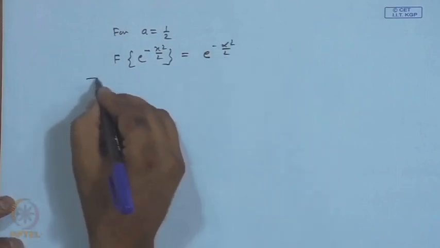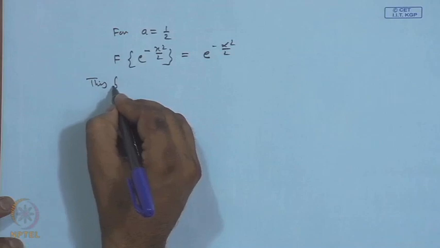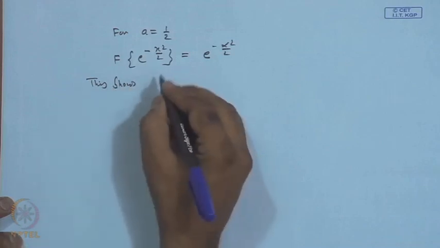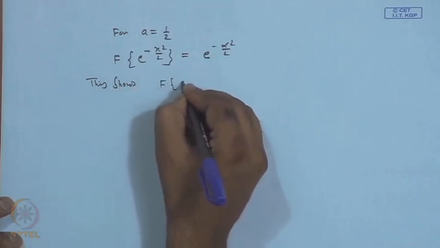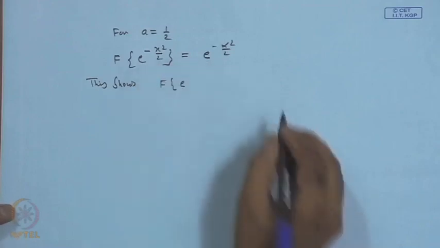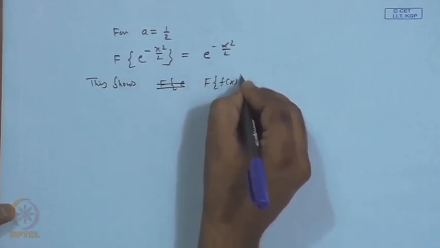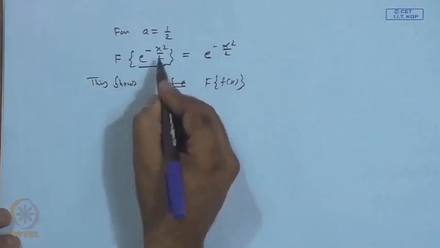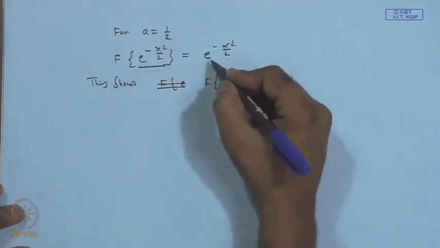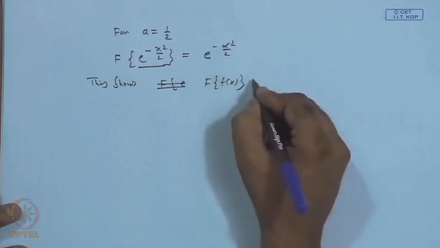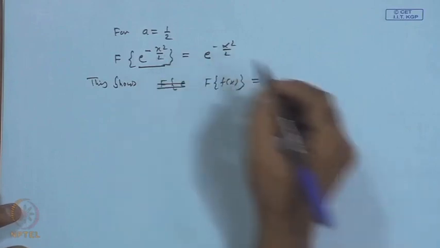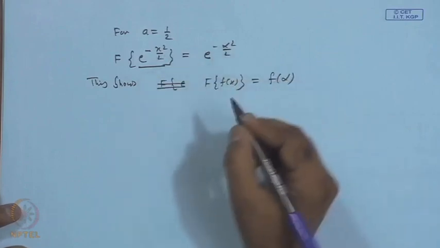So what this shows is that the Fourier transform of, in general, this f(x). So the Fourier transform of e power minus x square by 2 is just e power minus alpha square by 2. So we replace just x by alpha, so this is f(alpha).